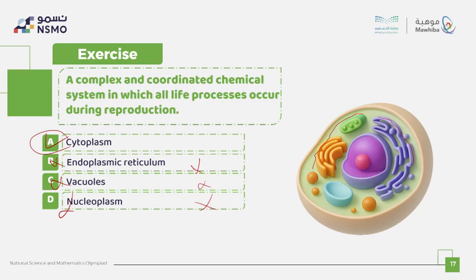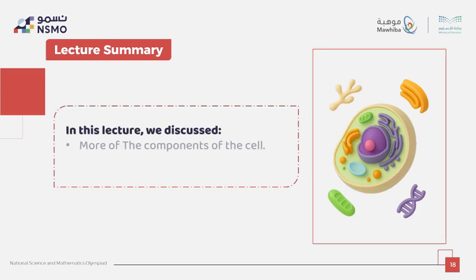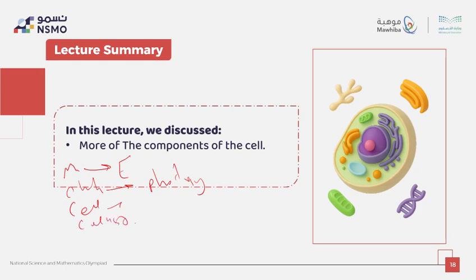Okay, guys, let's sum up what we covered today. We talked about the mitochondrion, the factory of energy. We talked about the chloroplast, which does photosynthesis. We talked about the cell wall, the defense and skeleton that gives the cell its shape.